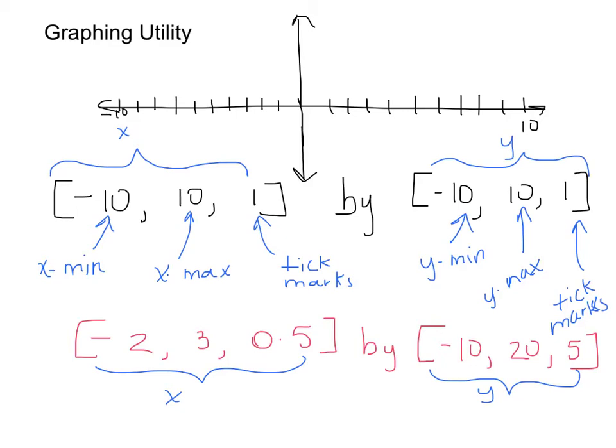And then for your y's, we're going from -10 to 20, counting by 5s. So you have to make sure that you look at your window. That's called your viewing window. To see where you're starting, what's your smallest number, what's your largest number, and what you're counting by.